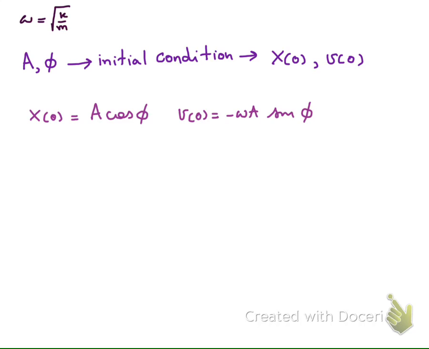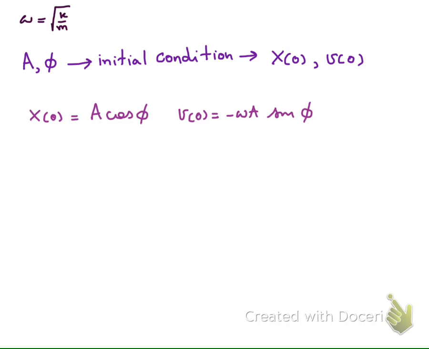Okay, so it means that if we solve these two equations, this equation and this equation, we have two equations with two unknowns, that is A and phi. So we can solve this to get A and phi from the initial condition.